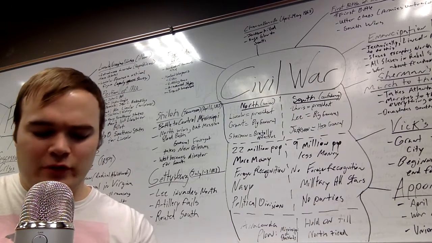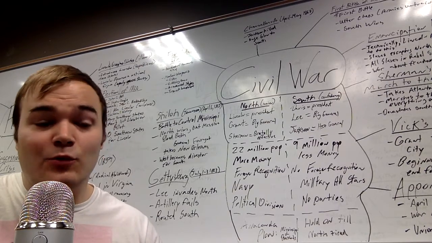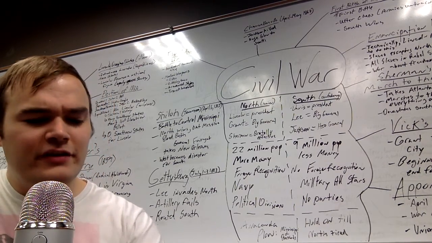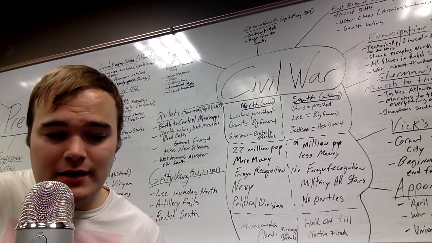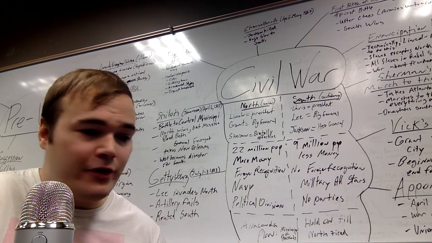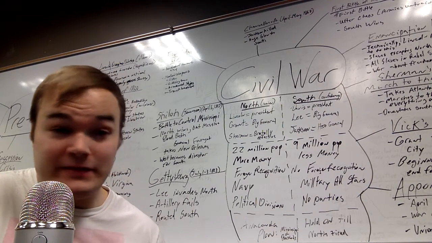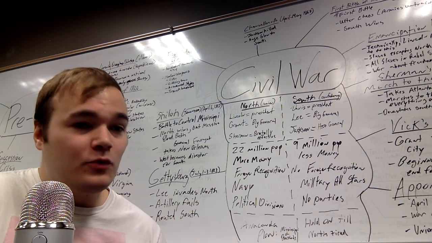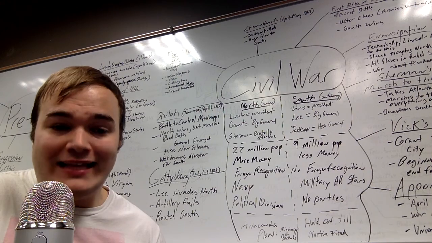Lee's artillery is going to fail. And when it does, we get the bloodiest battle of the entire war. He's going to lose, and he's routed to the south. He's allowed to keep going, but it kind of spells the end for the Confederacy. Things are really going to make a sharp decline now.